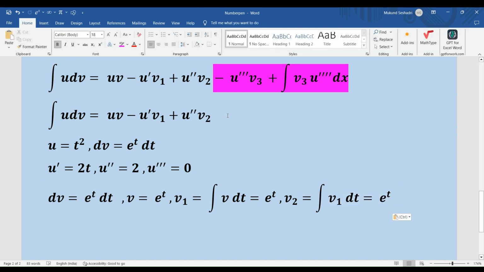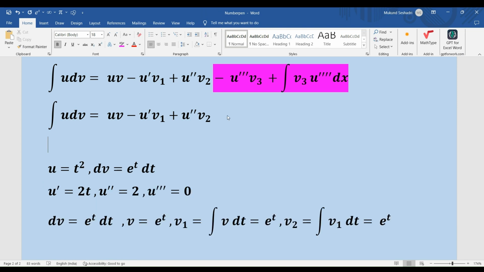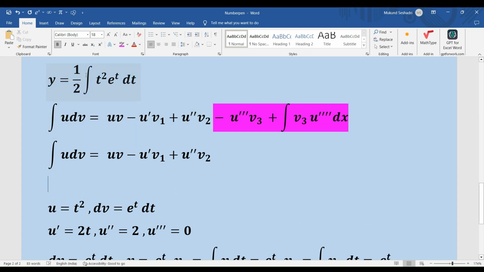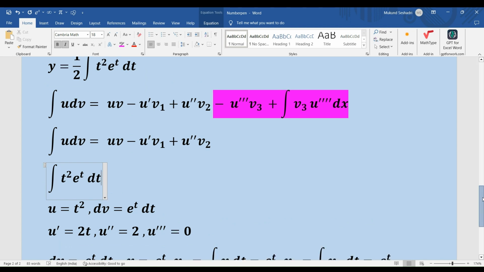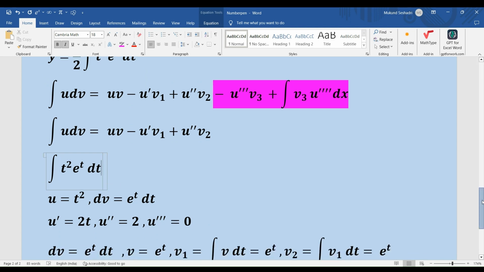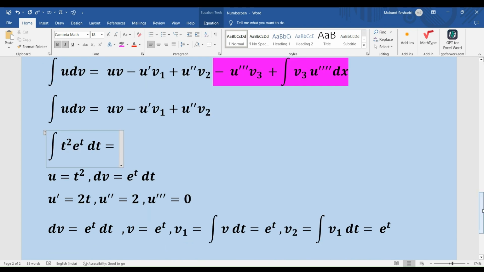So I can go back to my u dv expression. Remember, folks, we will have to come back to this y because I'm not going to take my 1 by 2 element into the u dv right now. I have the integral of t square times e to the power t dt solved using Bernoulli's integral by parts. So what is my uv? My u is t square, my v is e to the power t.